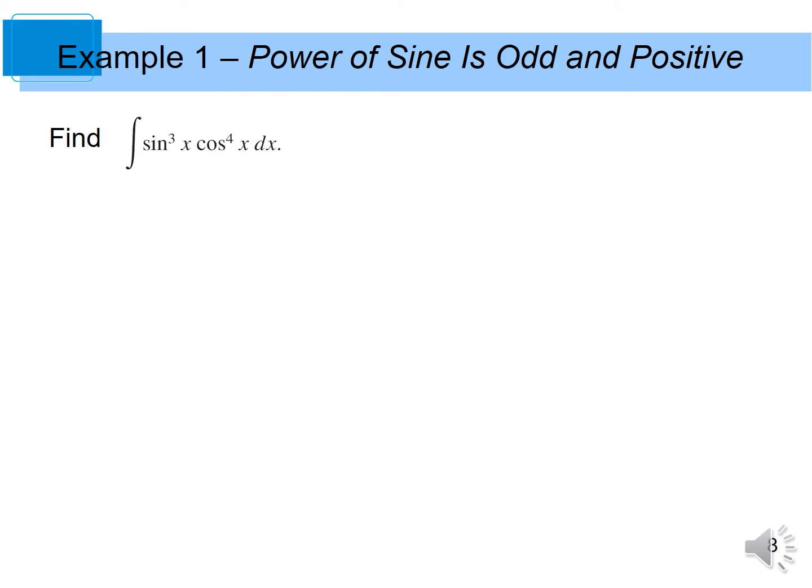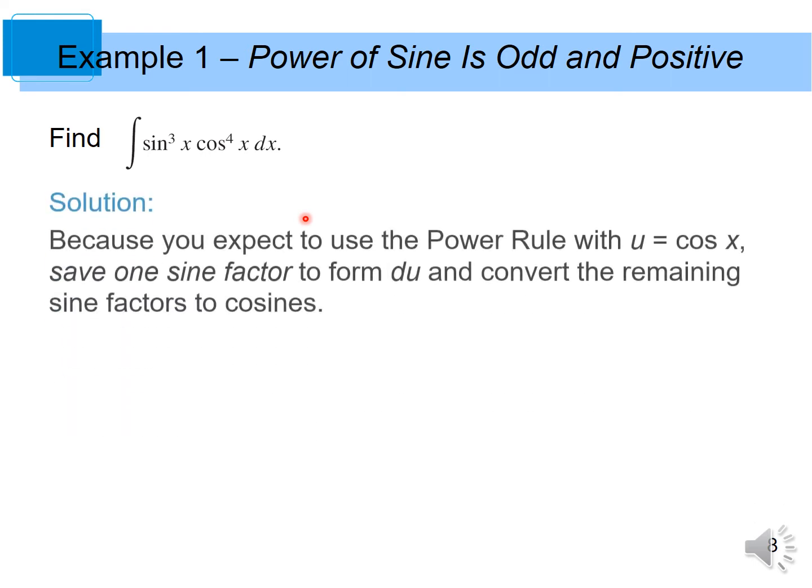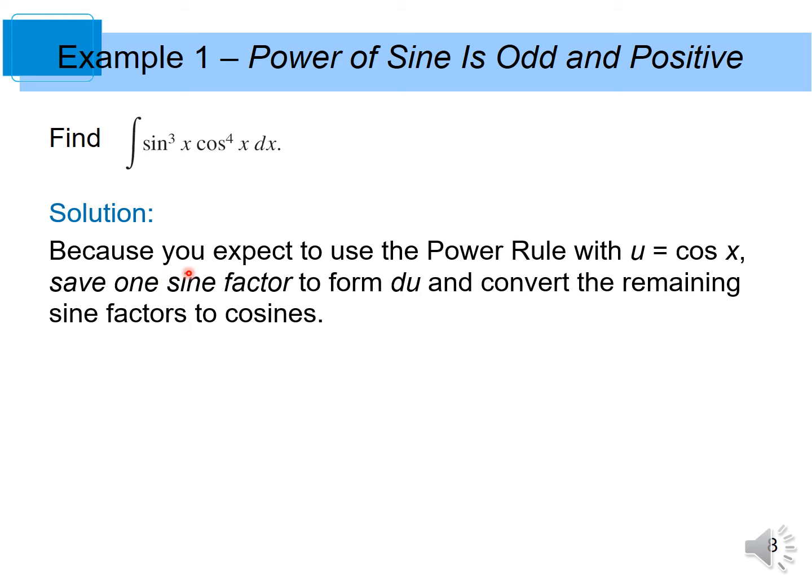Look at the first example. We have the integral of sine cube of x times cos to the power 4 of x with respect to x. Because you expect to use the power rule with u equal to cos x, save one sine factor to form du and convert the remaining sine factors to cosine. So we can rewrite.